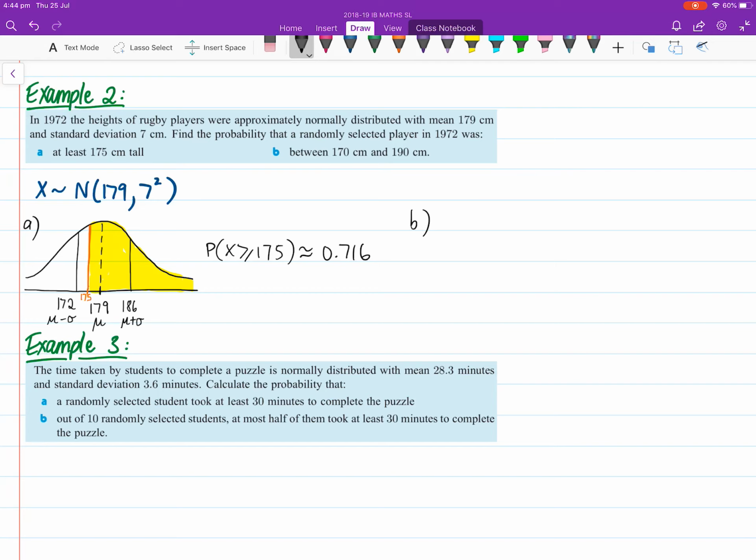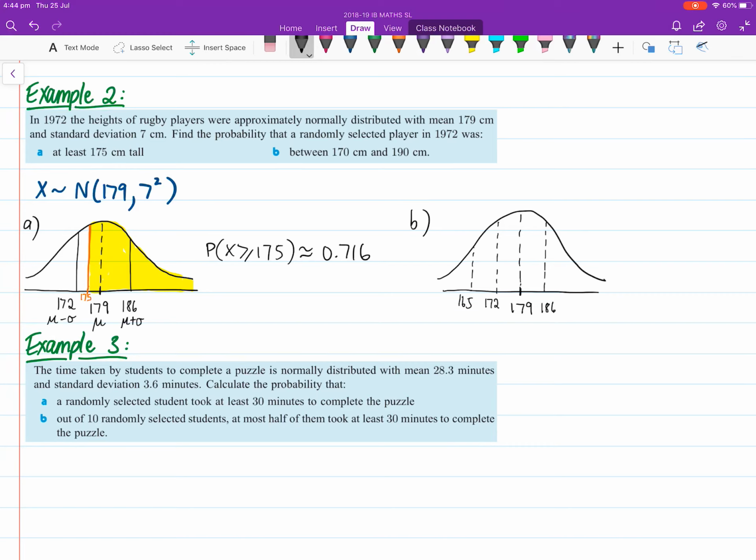And then between 170 and 190, same deal, put it in your calculator, but let's do a rough sketch so we understand what it means. So we've got 179 in the middle here. Here is 172. If I take away another 7, what do I get? 165. Over here, if I add 7, I get 186.